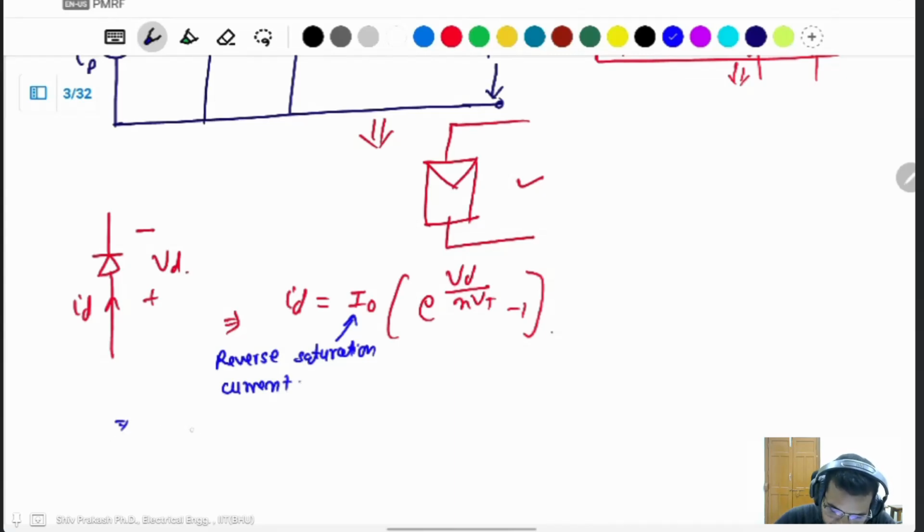This will be the reverse saturation current. It will depend on I naught, temperature T to the power m, e to the power minus VGO. VGO is the band gap energy, the forbidden band gap energy of an electron in electron volt. For silicon, I think 1.16 to 1.2, like that. n is the ideality factor; for silicon it will be 2.